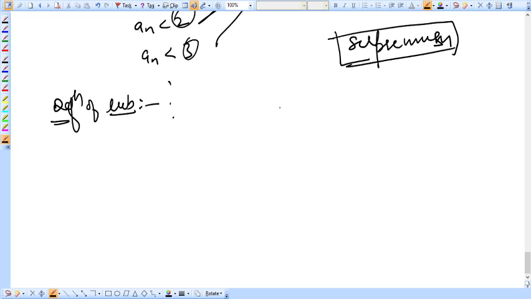I think you don't need to write the definition. You just see, it is just the least among the upper bounds.